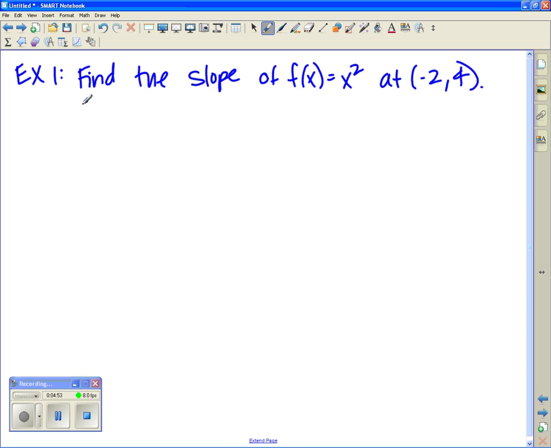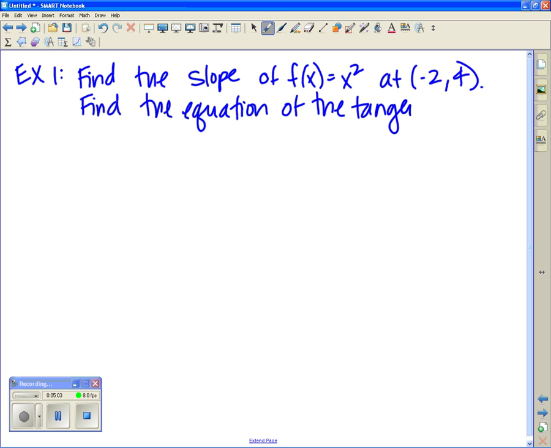Then we're going to find the equation of the tangent line at negative 2, 4.